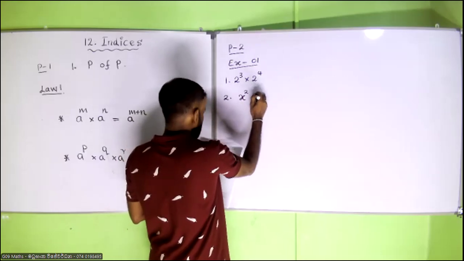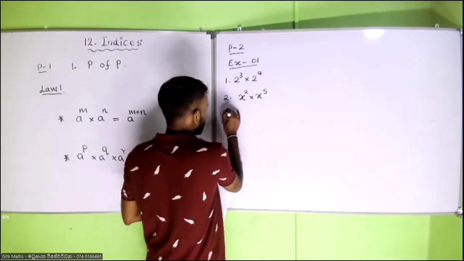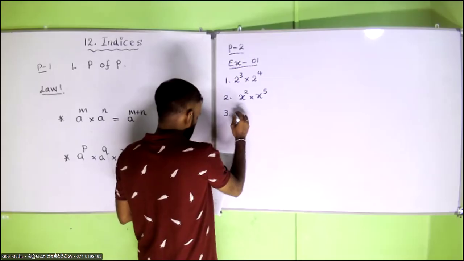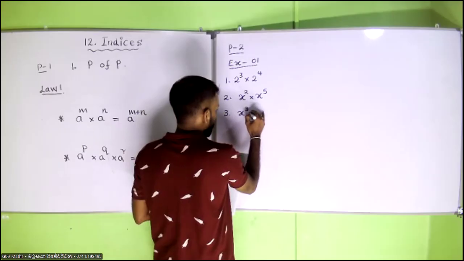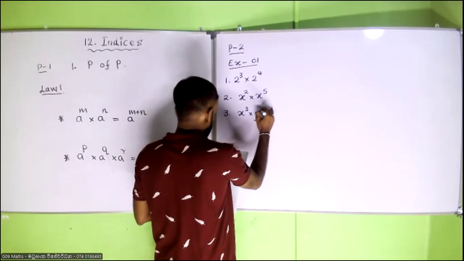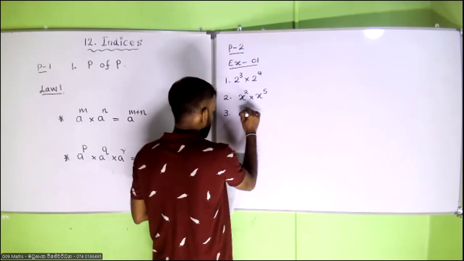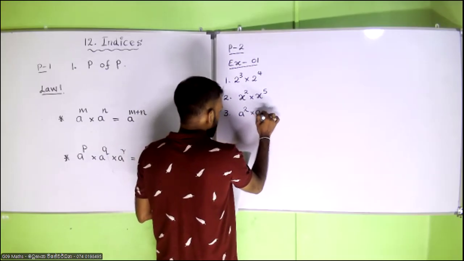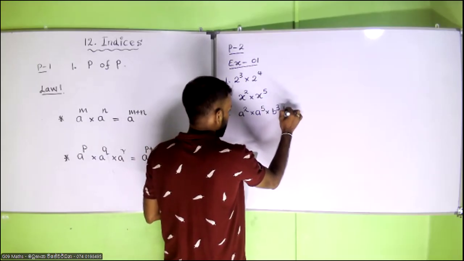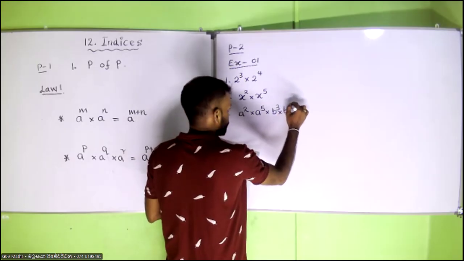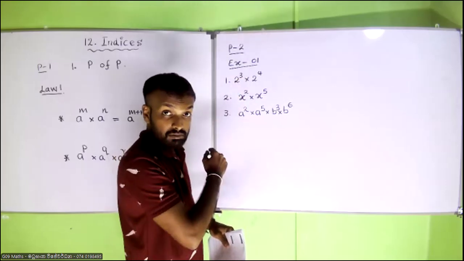You have to find the same bases and add them. So very basically you have to find apple, then add.